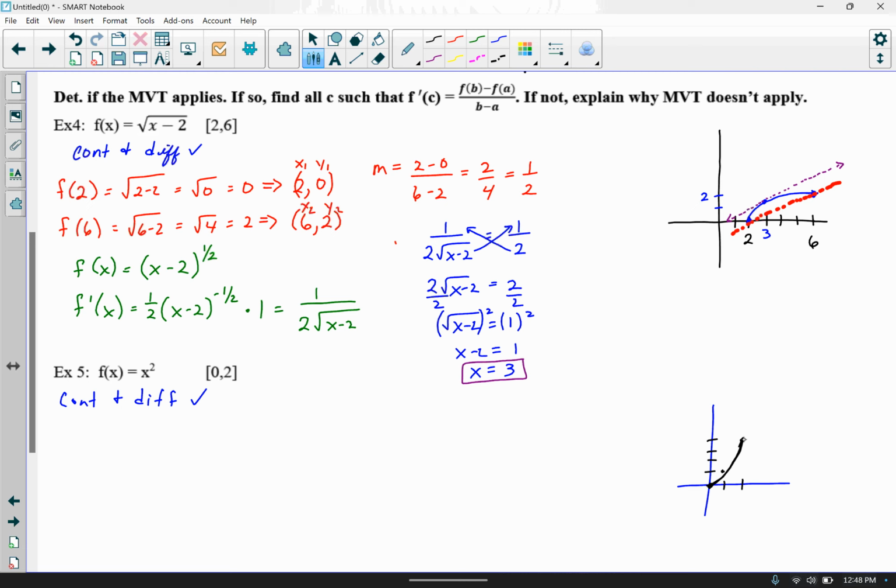So let's evaluate f of 0. 0 squared is still 0. We just plugged in 0 and got out 0. Evaluate f of 2. 2 squared is 4. We just plugged in 2 and got out 4.